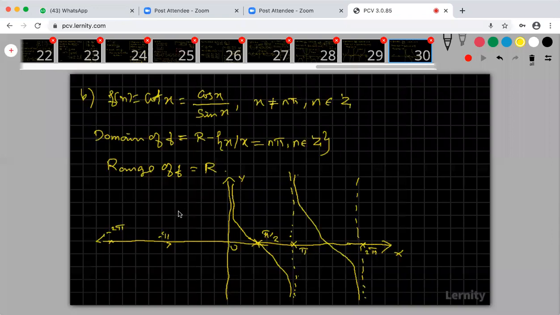And this side is also the graph of the function, coming like this.